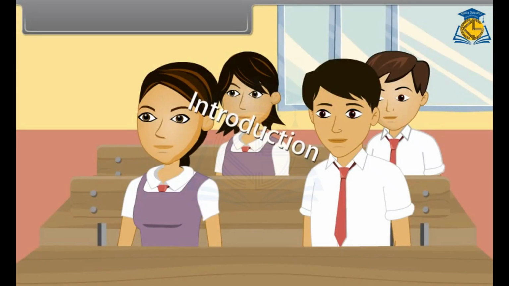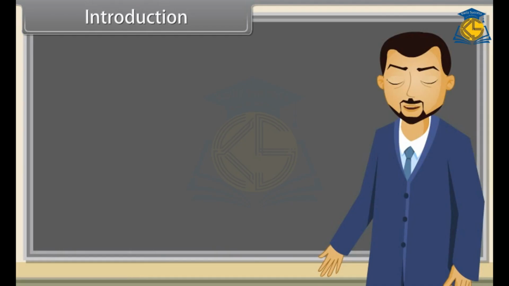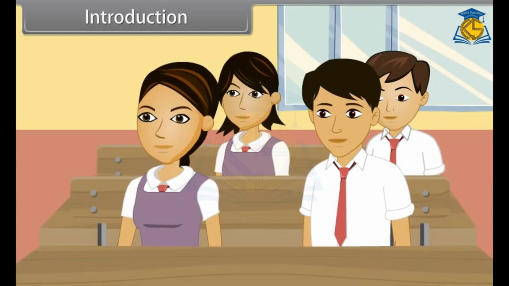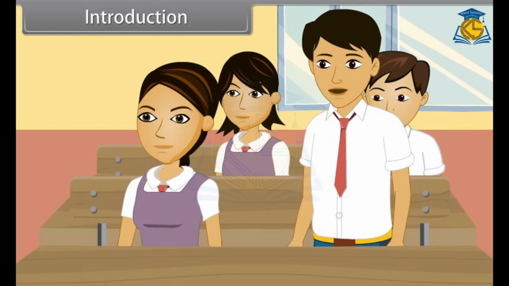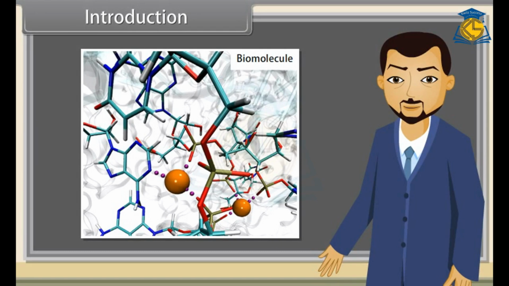Introduction. Good morning, teacher. Good morning, students. Today, we will learn biomolecules. Teacher, what are the biomolecules? A biomolecule is an organic molecule that is produced by a living organism.